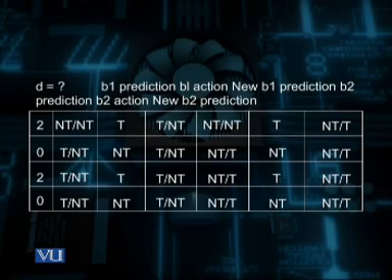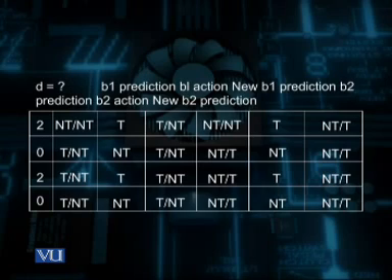The status of the prediction bits is written in the first column. The new prediction based on the last branch not taken is written in the middle column, and the new prediction if the last branch is taken is written in the third column.